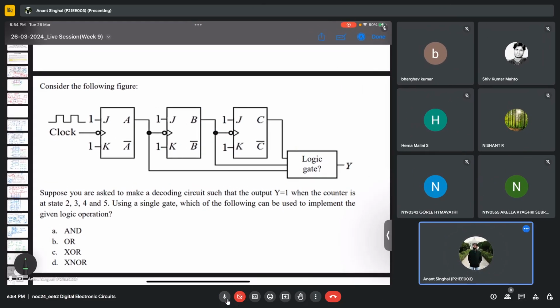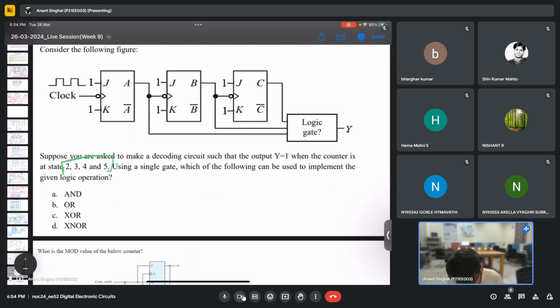So I've got XOR now. So let's check. I've got a few answers which are different. So stages 2, 3, 4, 5 need to be 1.